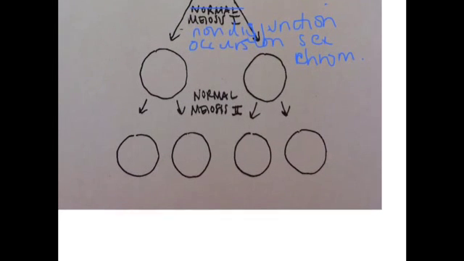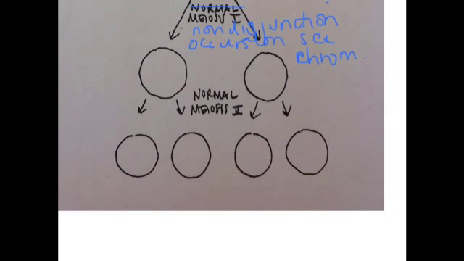So what happens here is that you have 19, 20, 21, 22, but then you have both the X chromosome and the Y. So you can see that once you go through the second round of meiosis, you would have both X here and both Y here, and the same thing here.